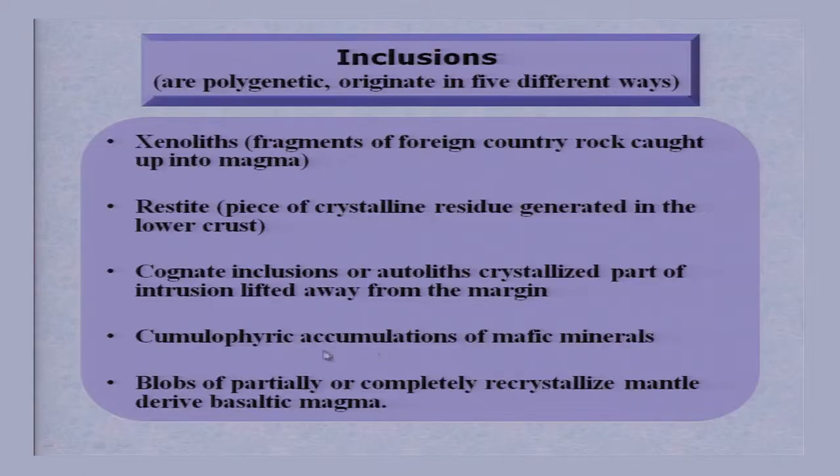These large crystals sometimes club together and accumulate as a cumulophyric accumulation of mafic minerals. The last way of genesis is blobs of partially or completely recrystallized mantle derived basaltic magma. These are the 5 different origins of the inclusions found in rocks.